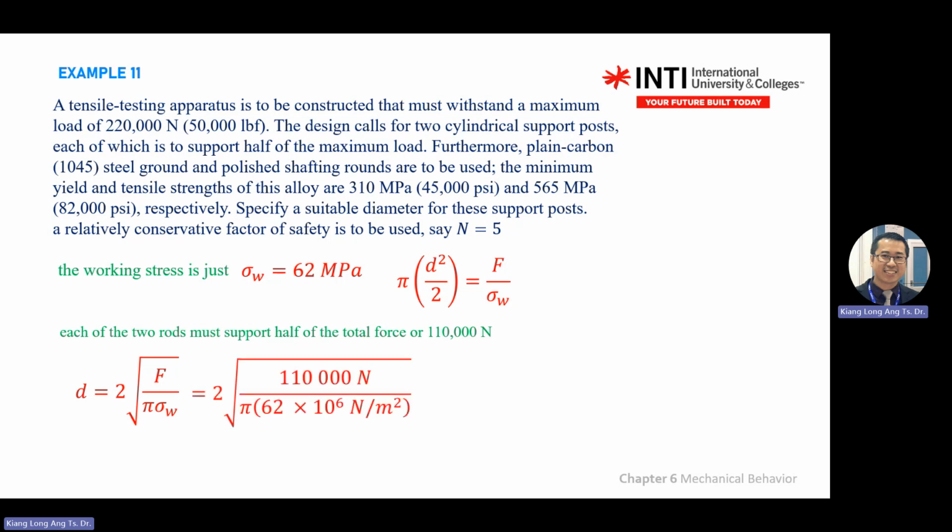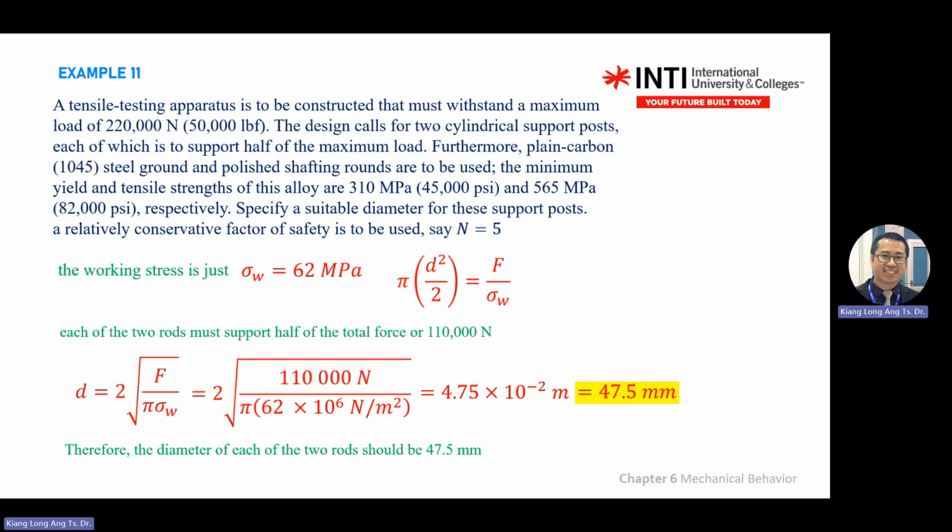You rearrange and substitute the values. Force is 110 kilonewton. For the stress, you should use the value after you consider the safety factor, or the value that you tell your customers. Very conservative numbers, right? 62 megapascal. The diameter is 47.5 mm. So this is the thing that you should use.